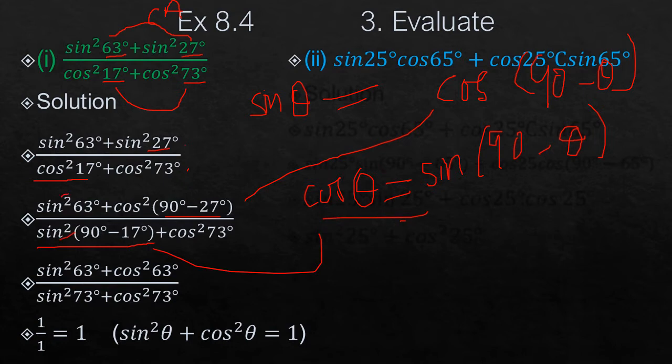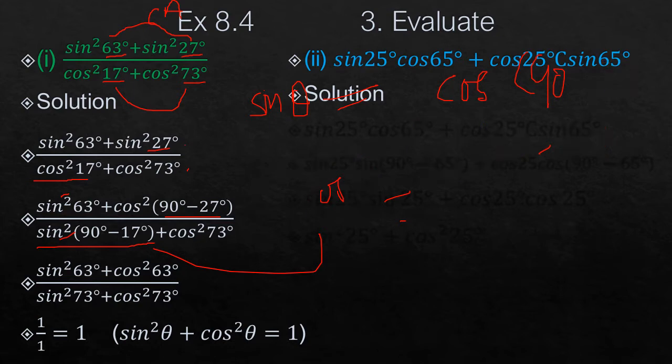Here square terms are there. Okay students, so what we will write? We write this expression as sine square 63 degree and change the second part, that is sine square 27 degree, to cos square of 90 degree minus 27 degree, upon sine square of 90 degree minus 17 degree, here we change this, plus cos square 73 degree.